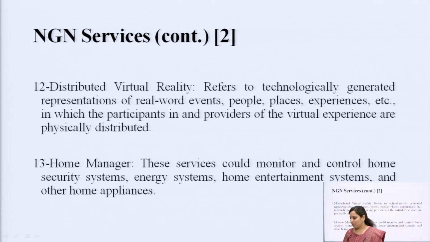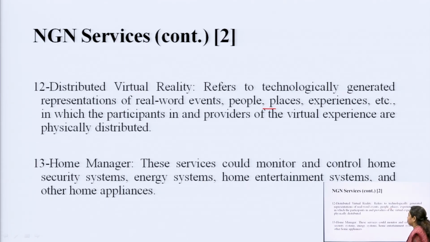Next is distributed virtual reality. It refers to the technologically generated representation of real world events, people, places, experiences, etc., in which the participants in and providers of the virtual experience are physically distributed.